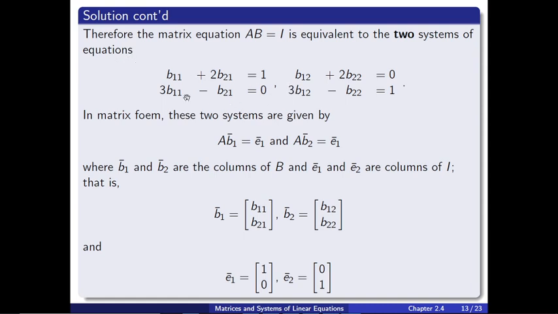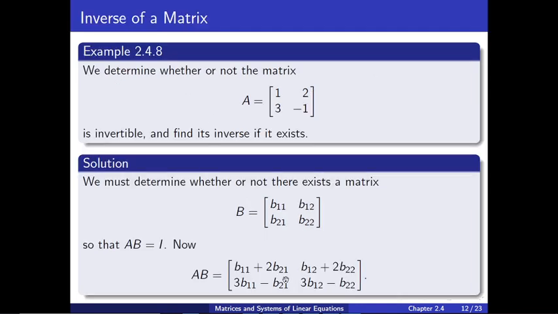If you look at it, you will see that the first system corresponds to B11 plus 2B21 is equal to 1, and 3B11 minus B21 is equal to 0. That will be a system in B11 and B21.